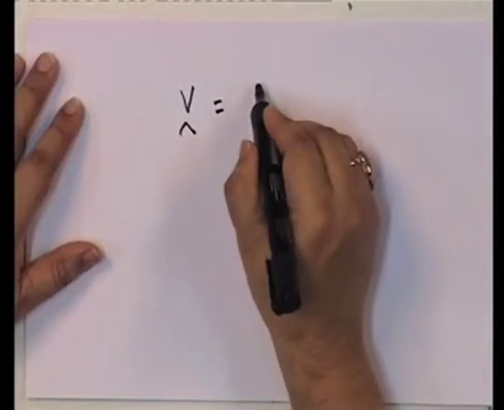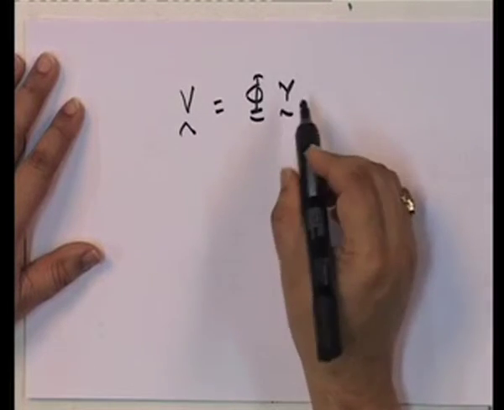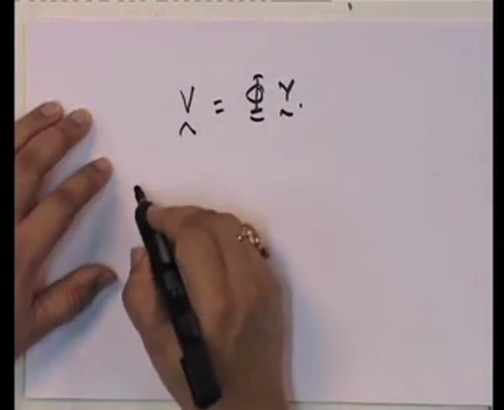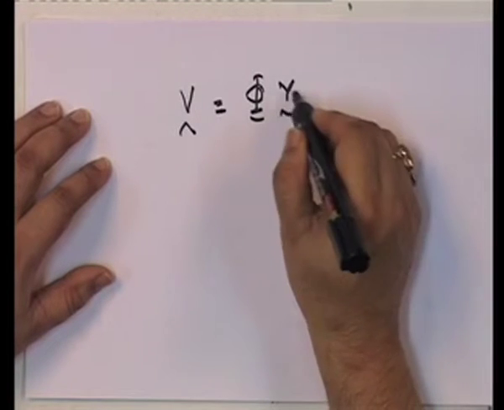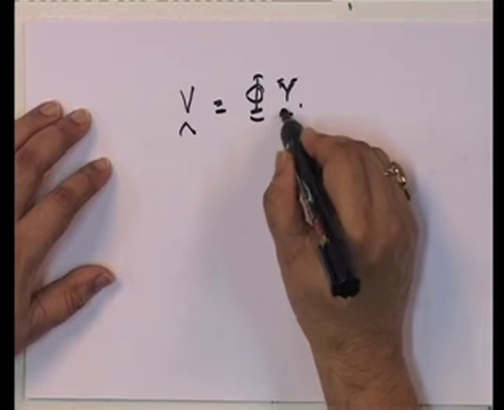So, what we have done through this procedure, by incorporating the fact that V is equal to phi y, we have taken it from original space to normal space, because these are the amplitudes in the normal space.